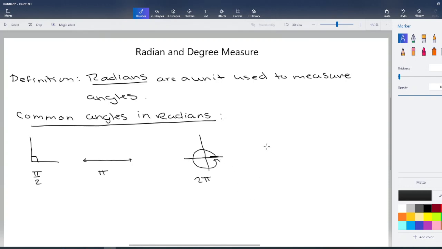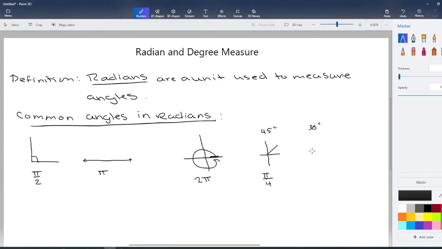Okay. The other angles that we're going to be using a lot are the 45-degree angle, right? We talked about this when we said stuff about the isosceles right triangle. So when we look at a 45-degree angle, which looks like this, it is going to be pi over 4. We also want to talk about the other two angles in our special triangle.